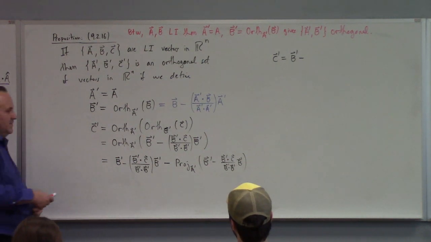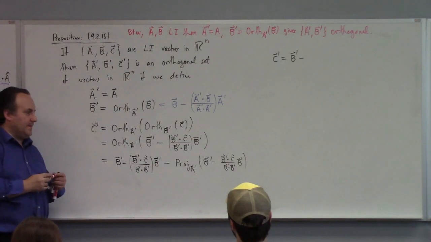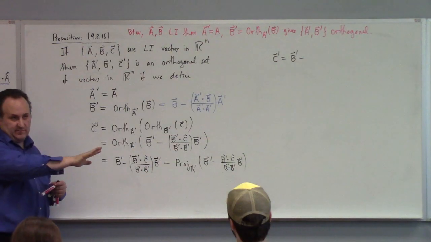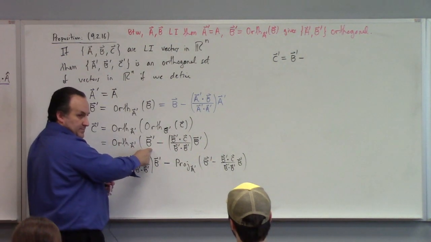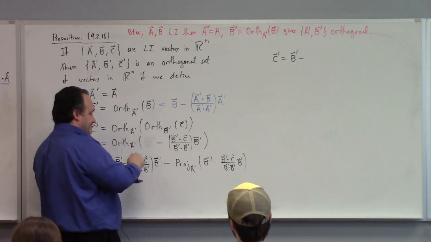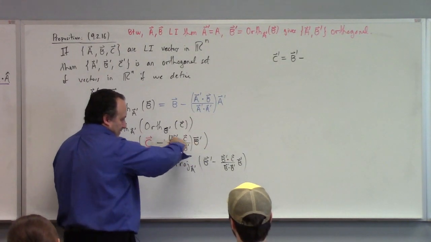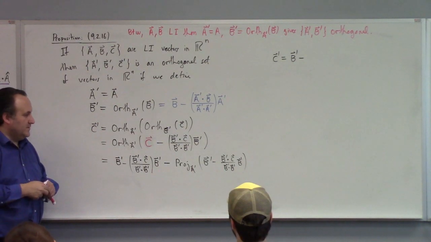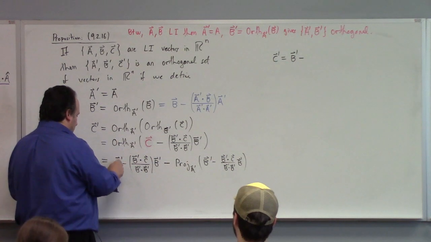The orthogonal projection in the B prime direction of C: we take C and we subtract the projection of C. So this should not be B prime. This should be C. This right here is the projection of C in the B prime direction. That's what we're supposed to do. So that makes this B prime out here a C prime, okay?